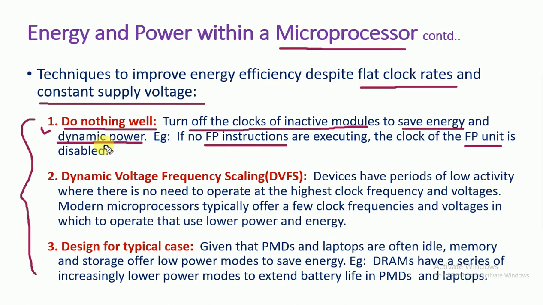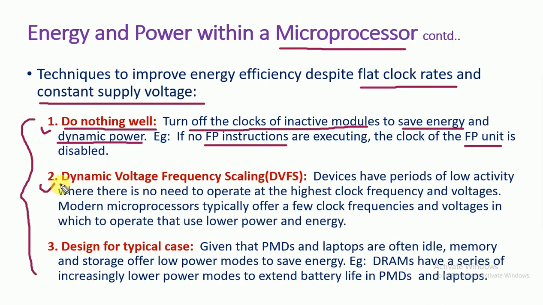We are not doing anything extra, just like in our house, where we switch off all the power supply that we are not using, so that we can save power.